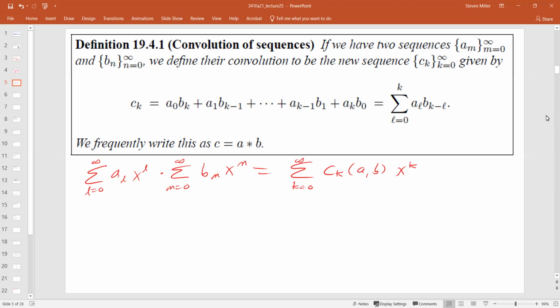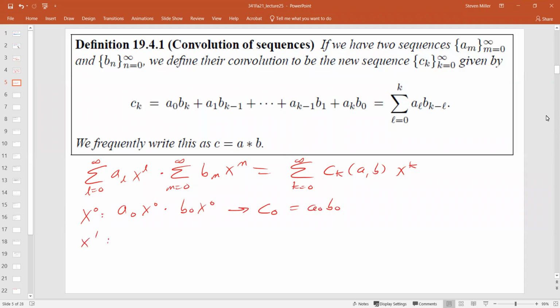And how do I get a term of various things? Well, if I want x^0, it's going to be A_0 x^0 times B_0 x^0. That's the only way I can get an x^0 term. And so that tells me that C_0 is A_0 B_0.